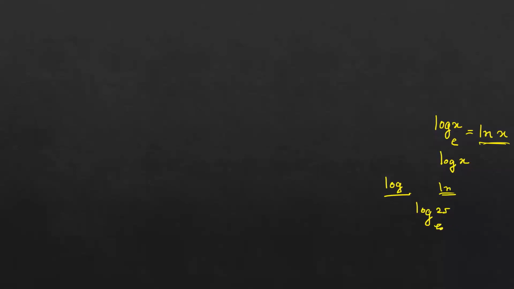But in your calculator, log represents the base 10 log, and the ln function represents the general log with the base e. So whenever you perform this type of integration, try to use the ln function, or keep in mind that the function used here is the base e log.